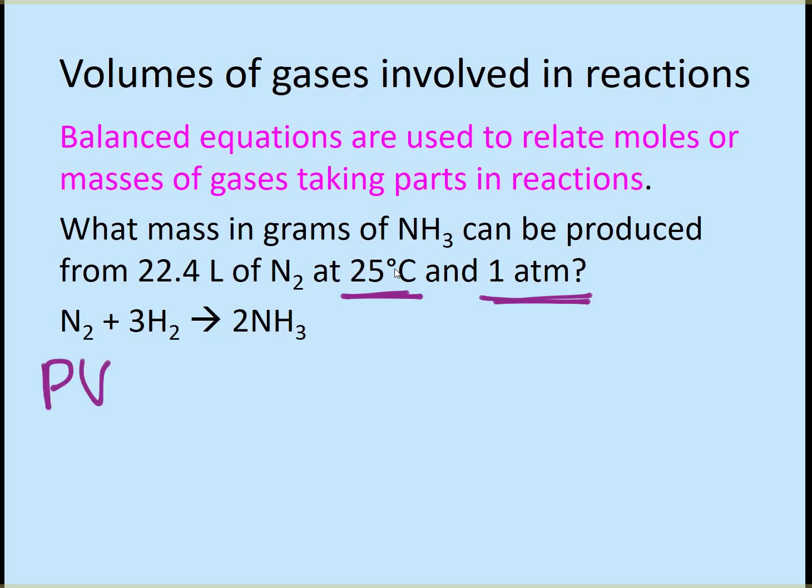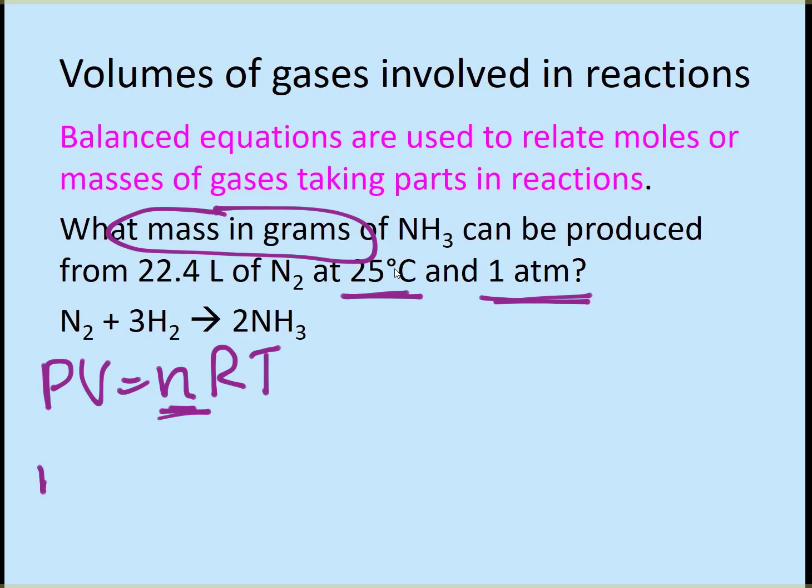So PV equals nRT. And I need mass in grams. And I know that if I solve for moles in my PV = nRT equation, then I can later on turn it to grams. So let's rearrange this to solve for moles. So we have PV over RT. And let's plug in what we know.